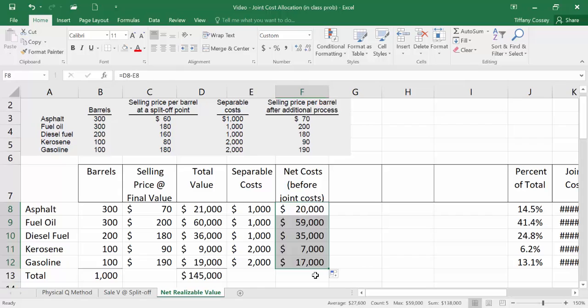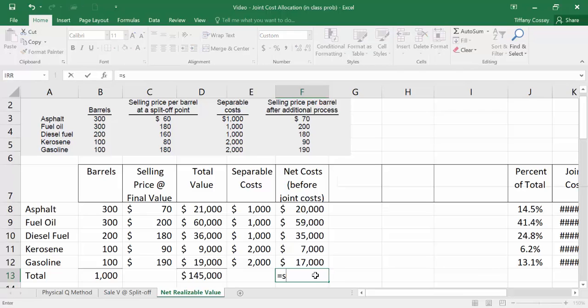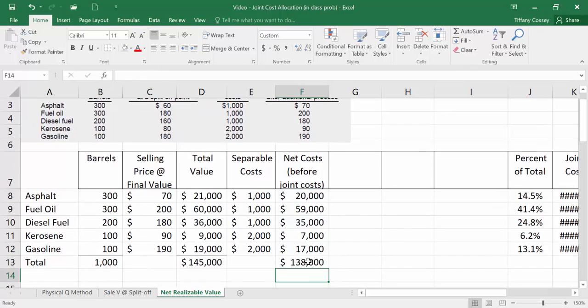And these are the values that we will use to allocate the joint costs. So we're going to sum those up, and we're going to use the individual number as our numerator, and we'll use the total number as our denominator.